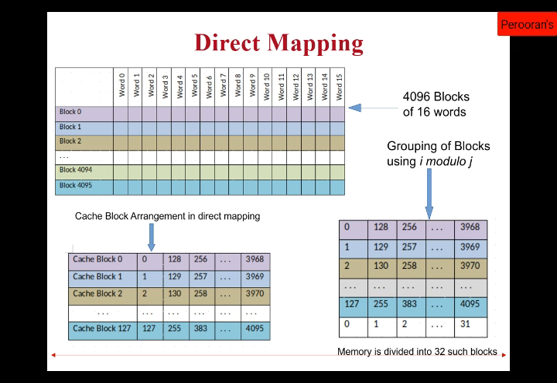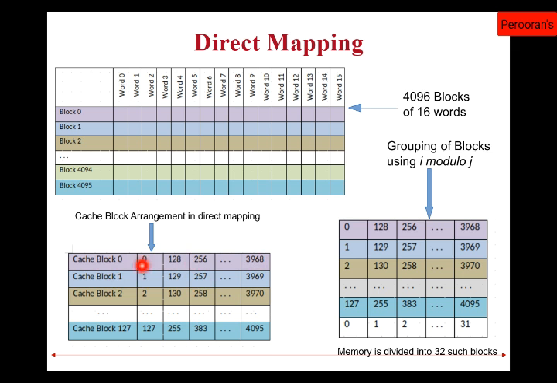So whenever one of the main memory blocks like 0, 128, 256, etc. is loaded into the cache memory, it is loaded into cache block 0. Similarly, blocks 1, 129, 257, all these are loaded into cache block 1. Here, more than one memory block is mapped onto a given cache block position.